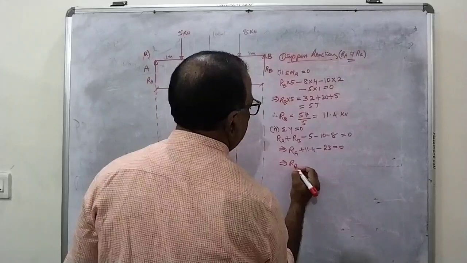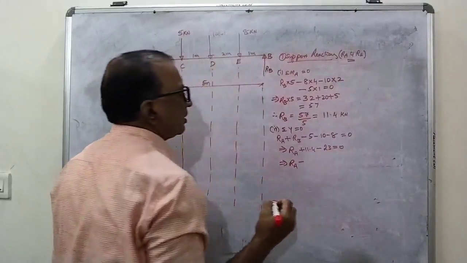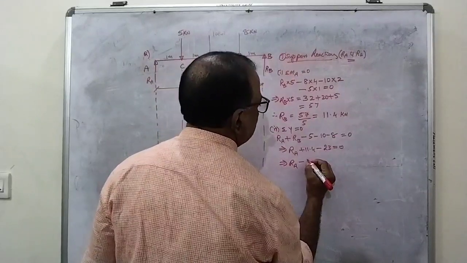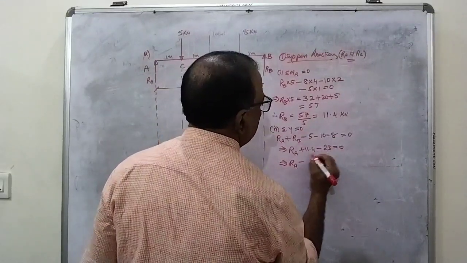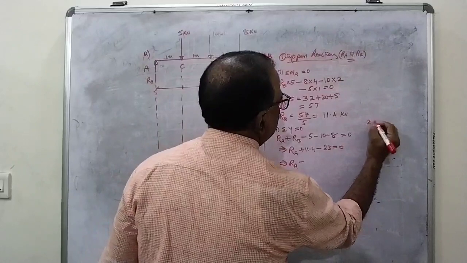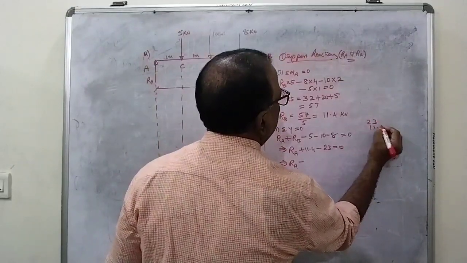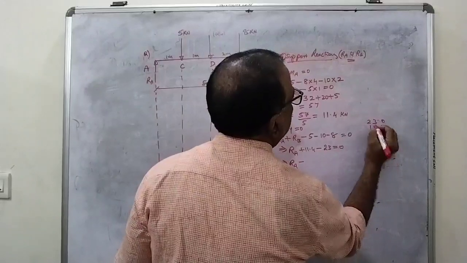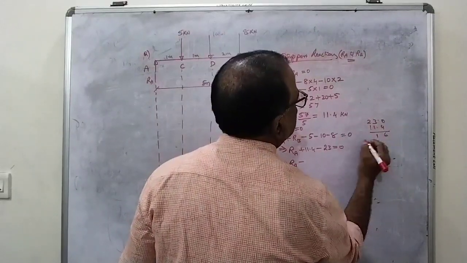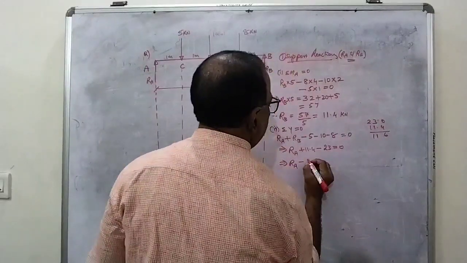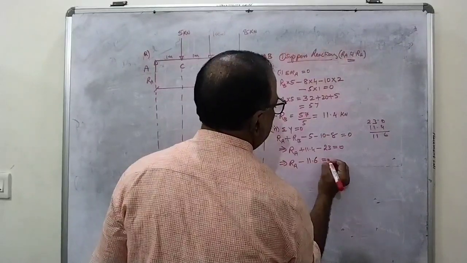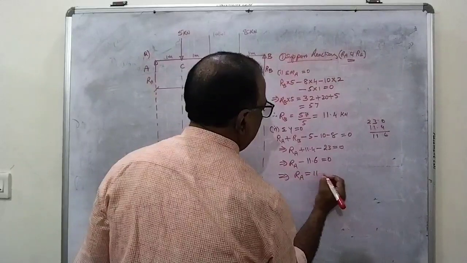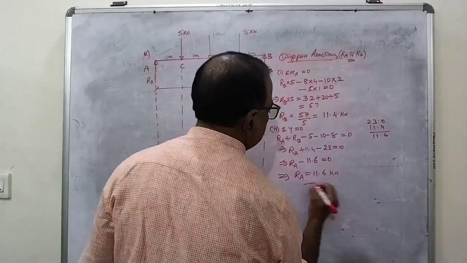This implies RA minus 23 means, 23, you have to deduct it from 11.4 here. So it is minus 11.6 is equal to 0. This implies RA is equal to 11.6 kilonewtons.